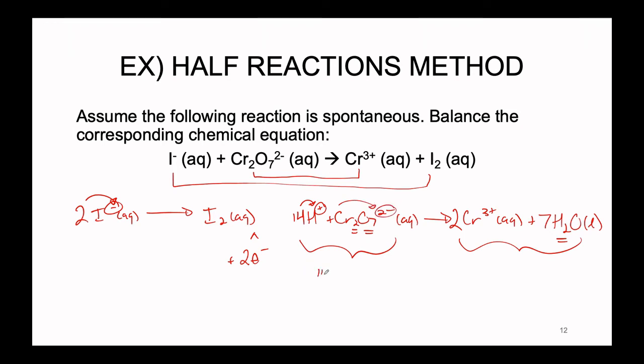So we're taking 14 minus 2 to give a total of 12 positive charges on the reactant side. And on the product side, we have 2 plus 3 charges. Water is completely neutral, meaning that we have a total of plus 6 on the product side.